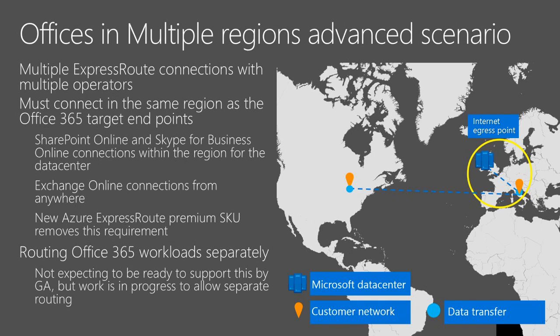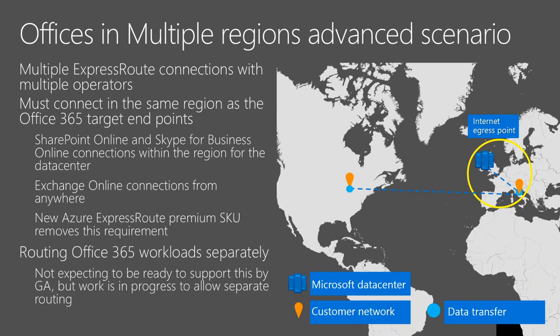If you are a large customer and you're using a lot of networking capacity, we're saying we need you to connect into our network in Europe in order to do that. Now, the Azure team actually just announced, in fact, I think it was yesterday, that they're having a premium SKU for Azure ExpressRoute where they're going to remove that restriction. So if you want to connect into the Microsoft network just anywhere in any geography, then you'll be able to use this premium SKU that they have.